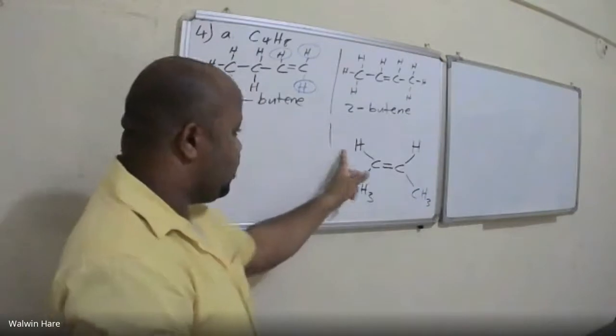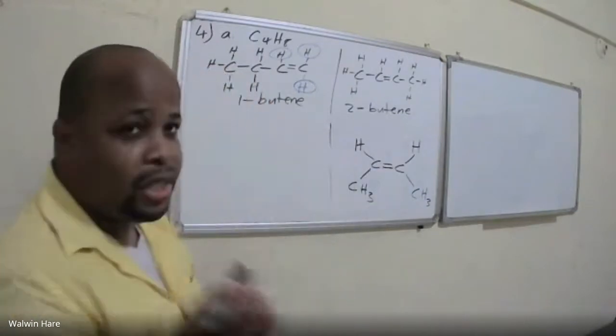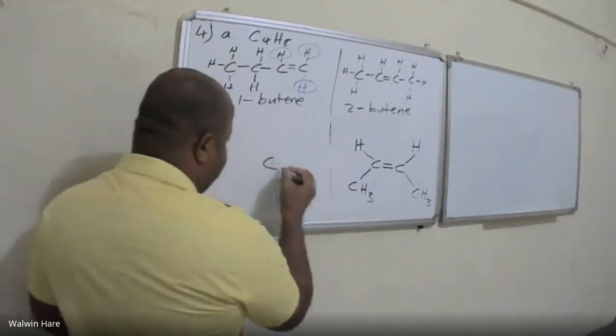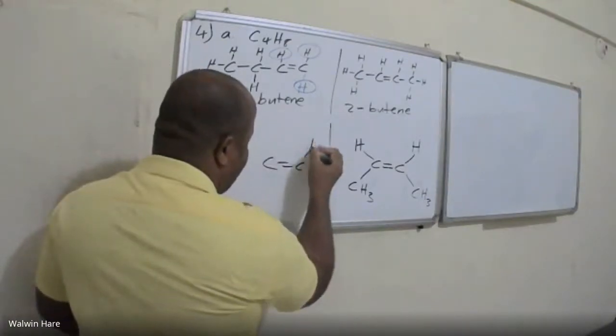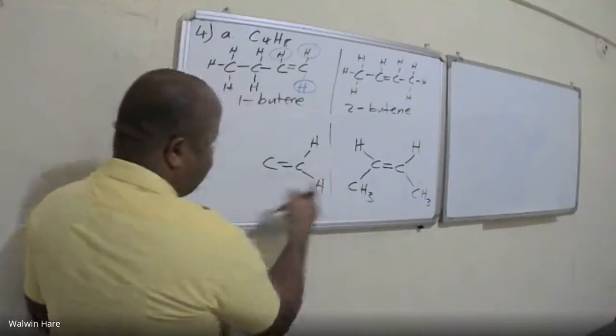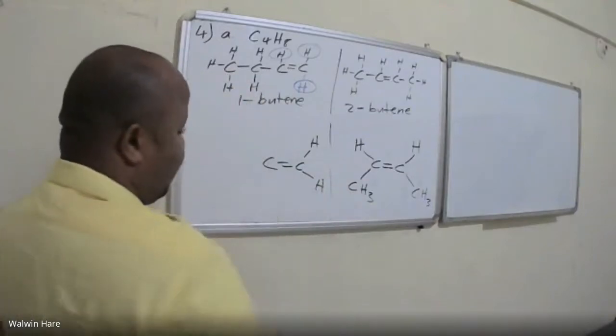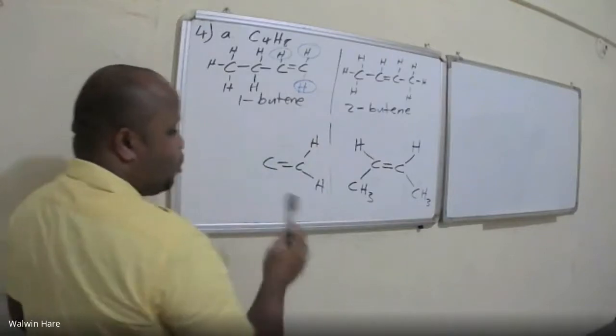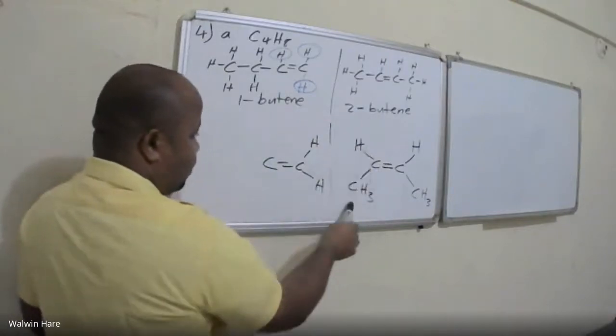So you could use either, but they must have a group in common, and each carbon must not have the same group attached twice. So this was the case of 1-butene. It had 2 hydrogens attached to it, but it must have 2 different groups. Alright?